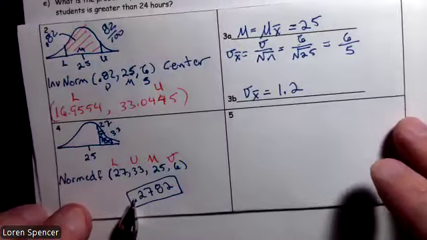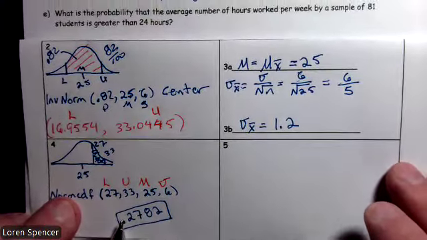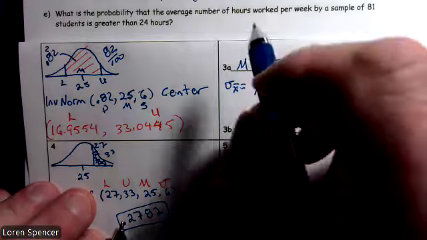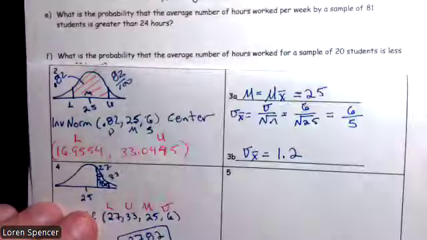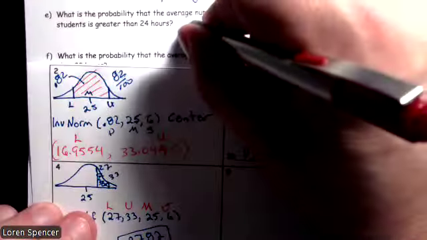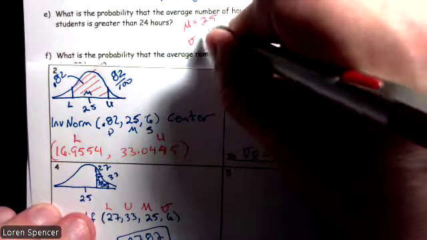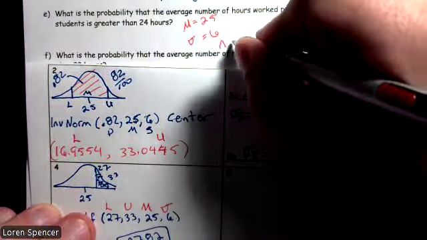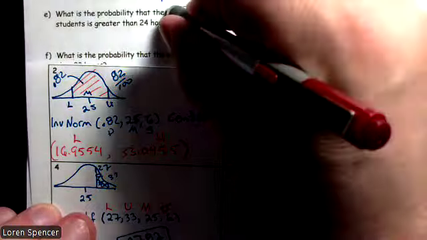All right, the next one. What is the probability that the average number of hours worked per week by a sample of 81 students is greater than 24? Well, hold on just a moment. We got some things here that are interesting. First off, we're still working with the same mean of 25. We're still working with the same standard deviation equal to 6. But now we have a sample size of 81, and they're asking for the average.